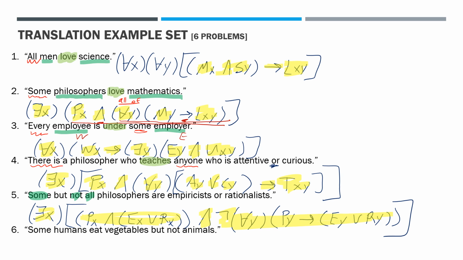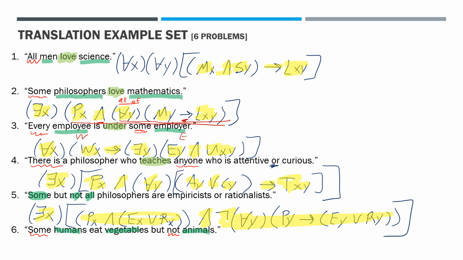Number 6, some humans eat vegetables, but not animals. All right, here we have 3 quantified variables because we have 3 general classes of things: humans, vegetables, animals. Notice that we have some humans eat vegetables, then we have this but not animals.